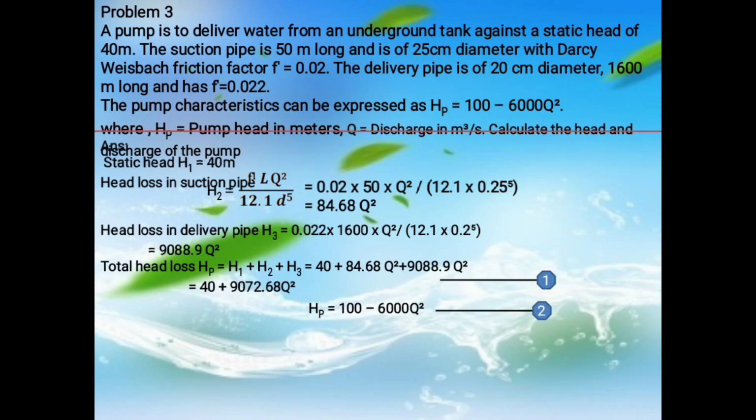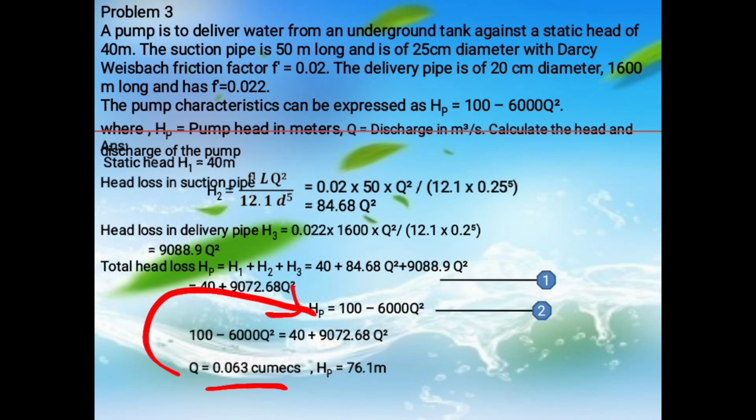Equating these two equations and find out the value of Q. We will get the value of Q equal to 0.063 Qmax and substitute the value of Q in equation 1 or 2. We will get the value of pump head HP equal to 76.1 meter.